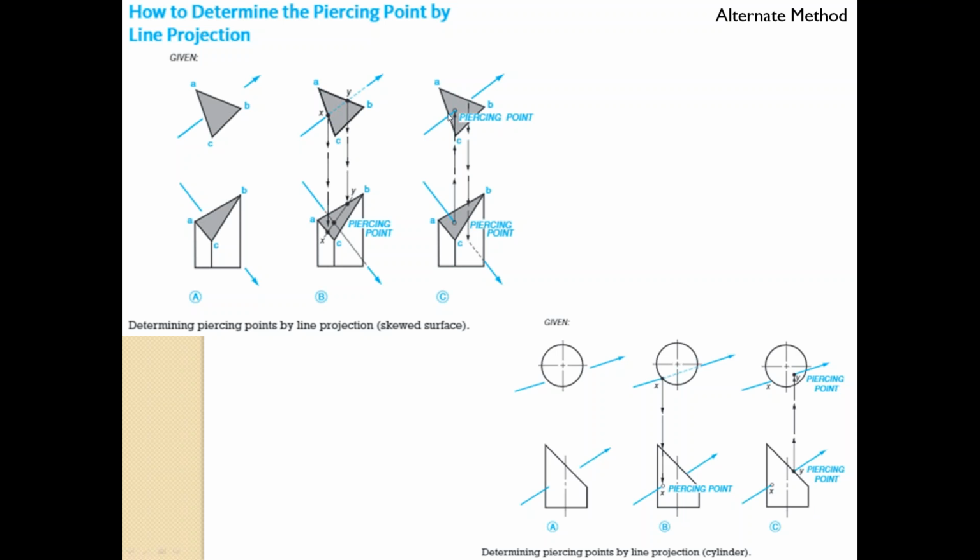So you know this is going to be the piercing point. Your arrow is going to go to this piercing point and come out from the other piercing point here. Everything is the same idea. You project them back here, and the arrow comes out from this piercing point.